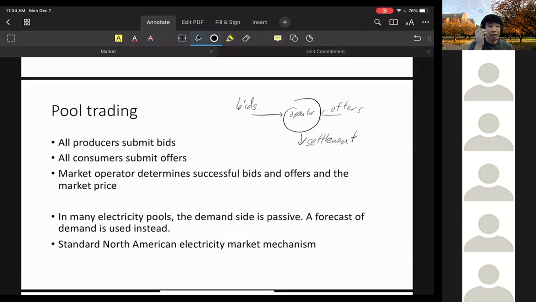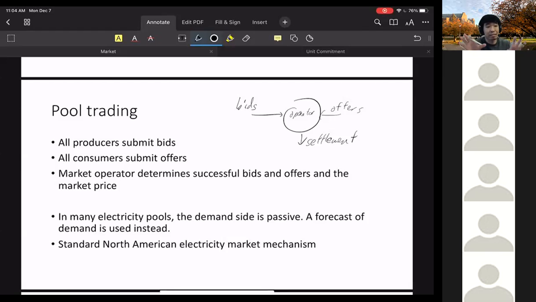It's not that small. I think of a spot market as like the stock market, right? It's a giant market that clears a lot of things. So it's definitely not small. Pool trading, if you look at the bids and offers, are the smaller scale thing. For example, the city of Seattle may have one offer into the pool, right?